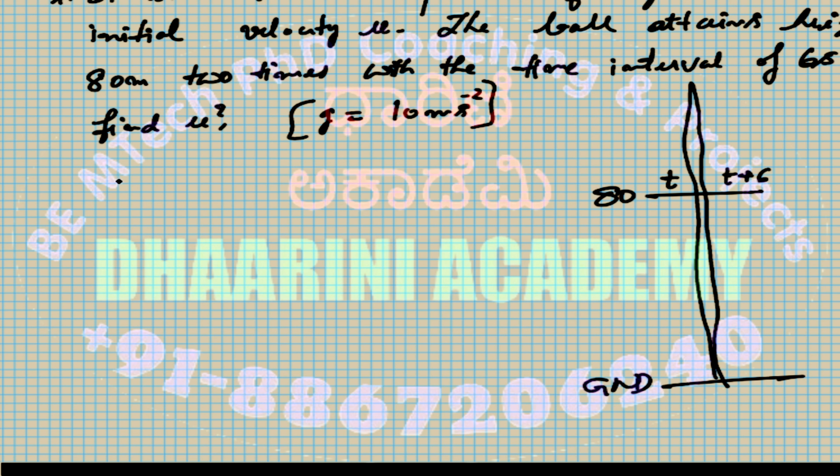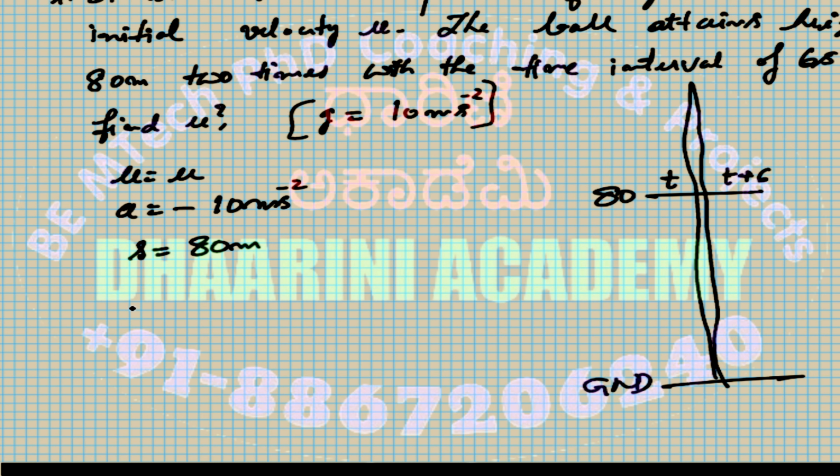Okay, now let's start with this. So u is as given, it is u itself. So what is the acceleration? This is a, right? So when I throw upwards, positive, but acceleration due to gravity is downward. So this is minus 10 meter per second square. And we are talking about a specific height that is equal to 80 meters. All right, so let us try to write the equation.